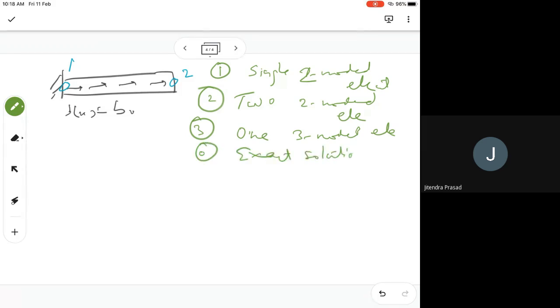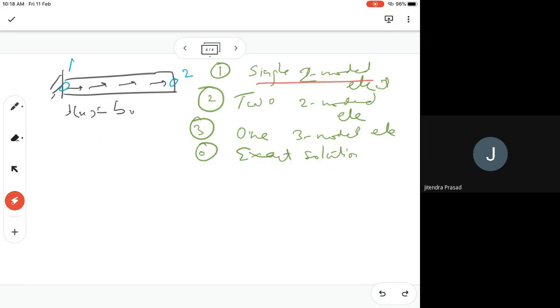We want to compare the results that we get with the exact solution, number 0. Today we will do a couple of them, maybe even the third one if possible, and if not, then we will continue in the next class.